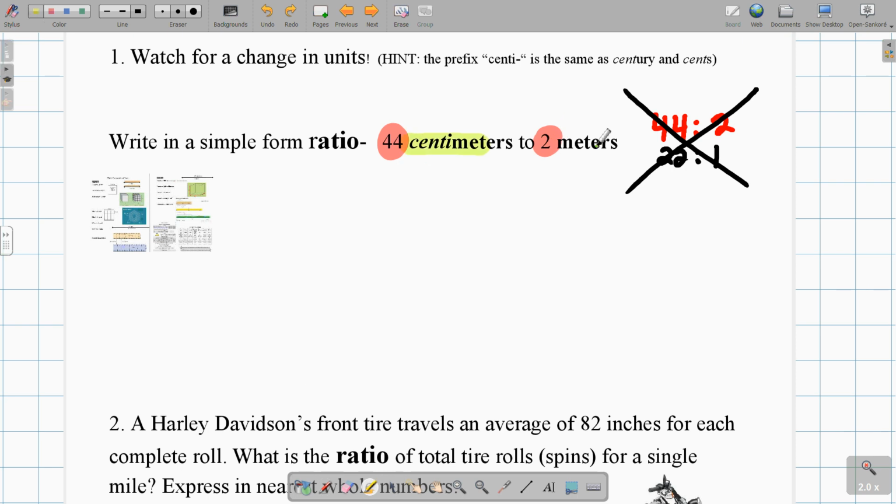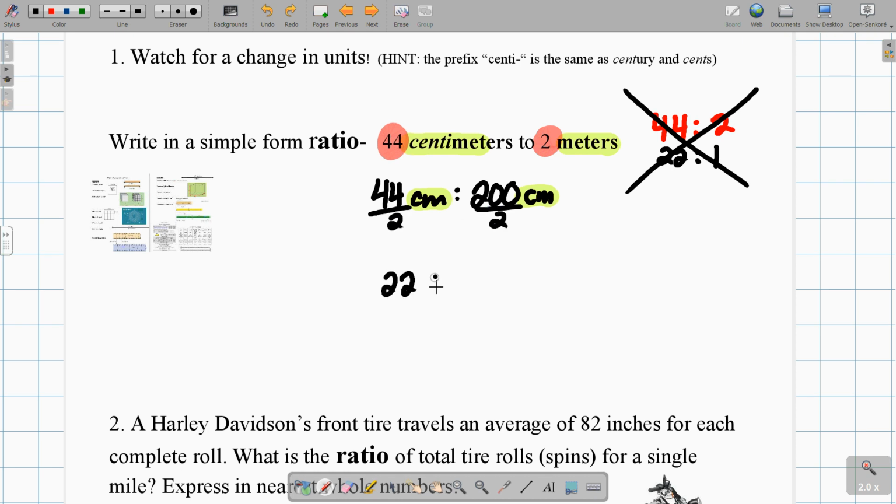So you should have taken the meters into centimeters, and this is going to be 44 cm to 200 centimeters, since there are 200 cm in 2 meters. Now that you have the same unit, now you can reduce your ratio. We're going to divide both by 2 first.